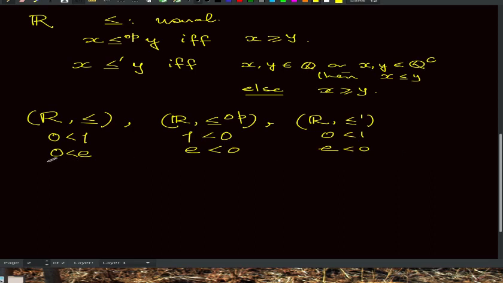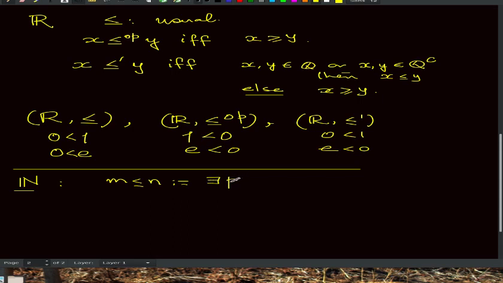So here is another example. If you take N, the first is the usual order, which means that there exists a p such that n is m plus p. And here is another order.